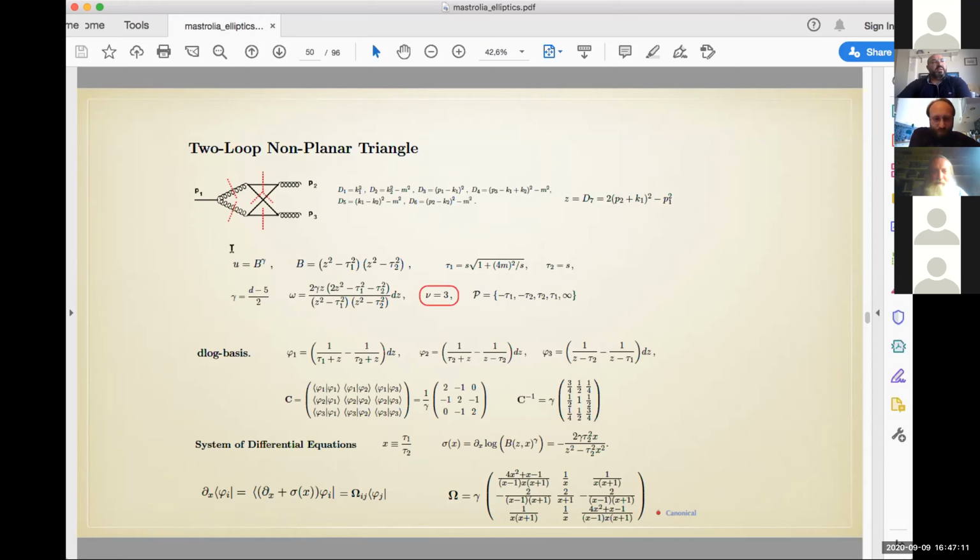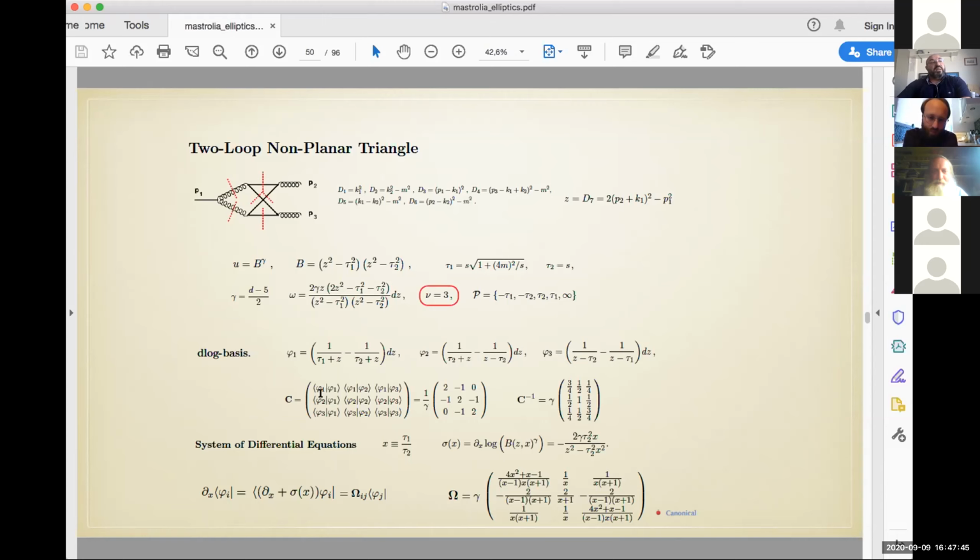In this case, the Baikov polynomial happens to have a quartic form. One can define the omega form and identify that there are 3 zeros, 3 critical points, corresponding to 3 independent solutions. These 3 independent solutions can be chosen to be, in this case, D-log forms.